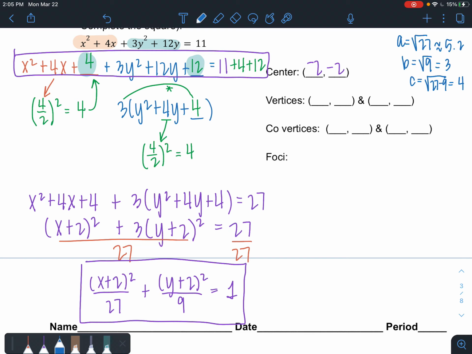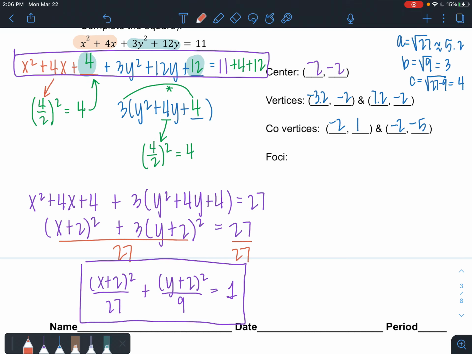Okay, so vertices are going to be -2 plus or minus 5.2. So -3.2, -2, and positive 7.2, -2. Just running through this pretty quickly. Co-vertices are going to be -2 and -2, but we're adding and subtracting 3, so that's 1 and -5.